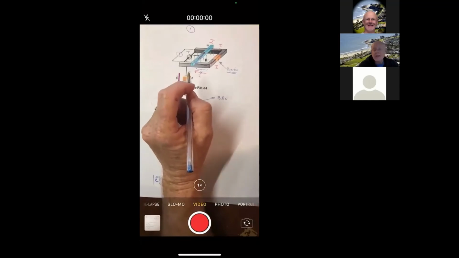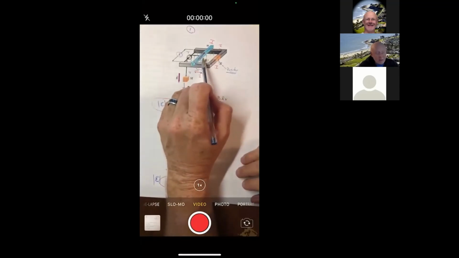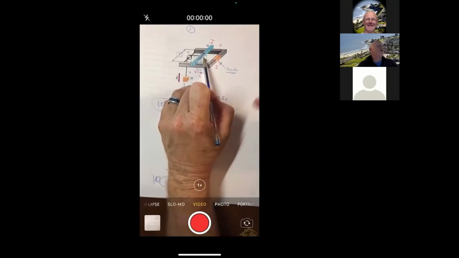To be quite honest, the only thing I really care about is the force on the one that's moving, because the question just says derive an expression for the horizontal speed of the bar.